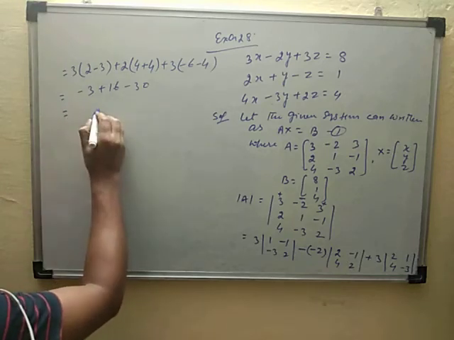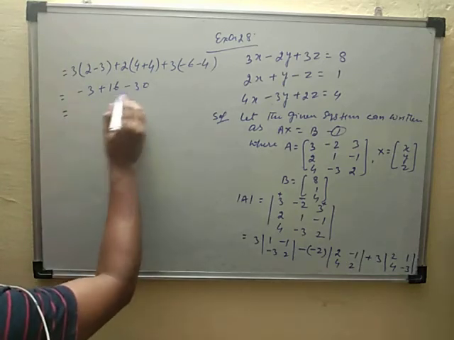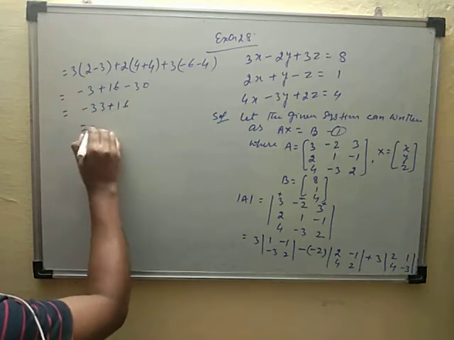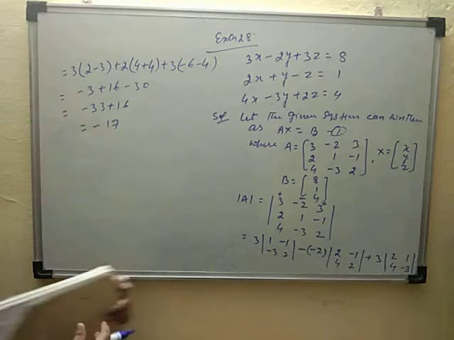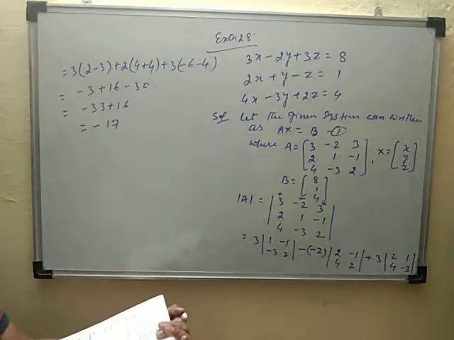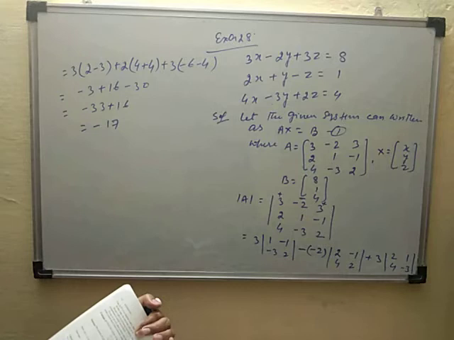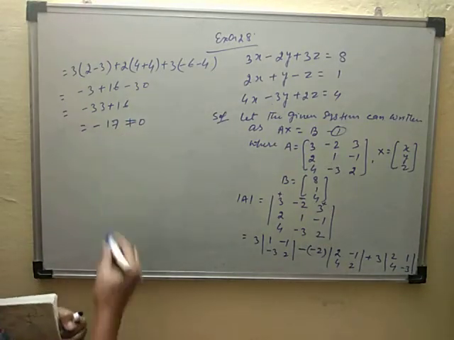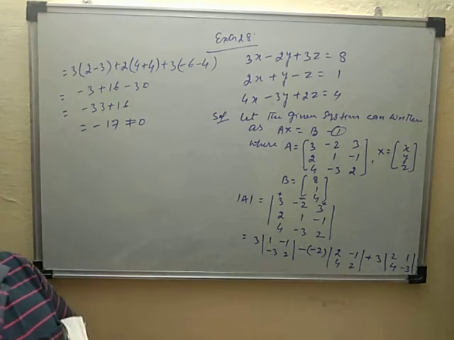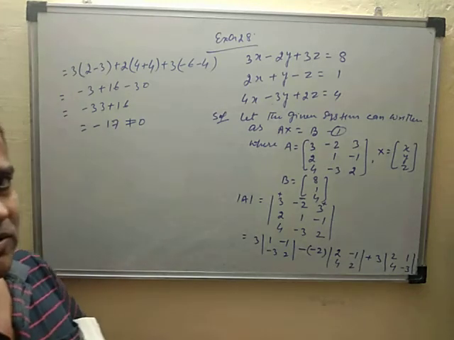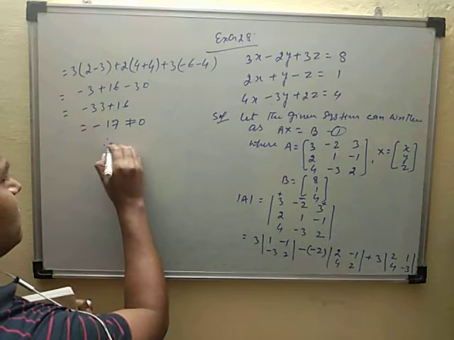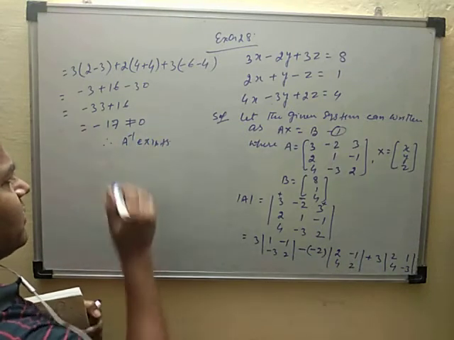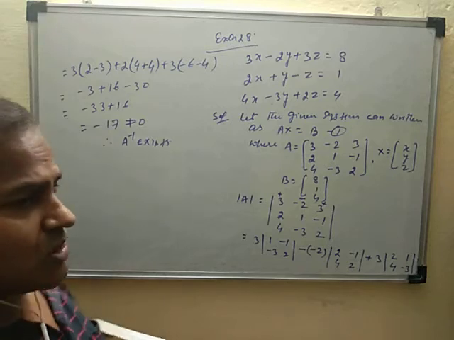This is equal to minus 3 and minus 30, that is minus 33, plus 16, is equal to minus 17. So the determinant value is minus 17, which is non-zero. So A inverse exists.